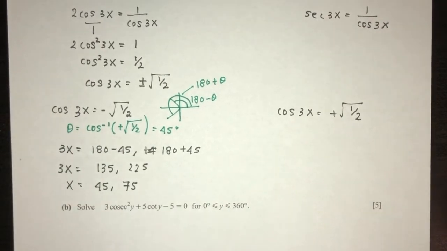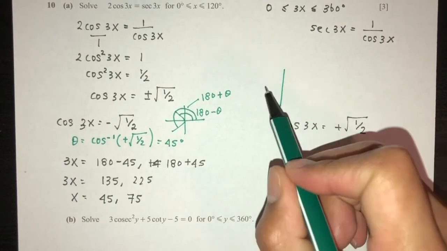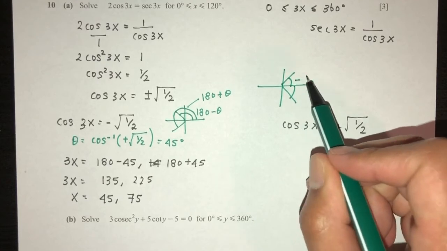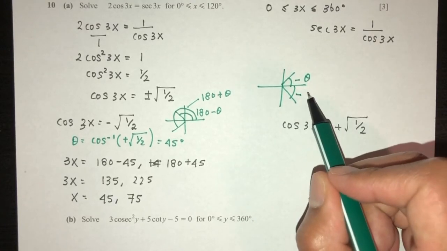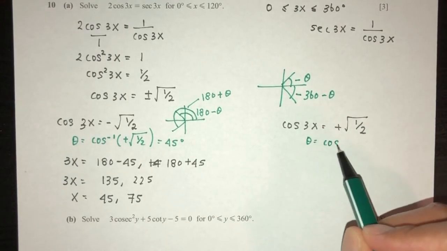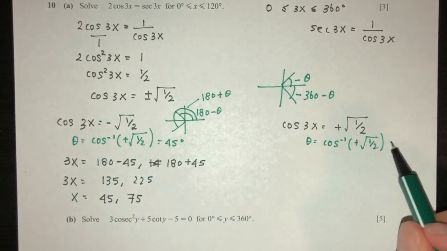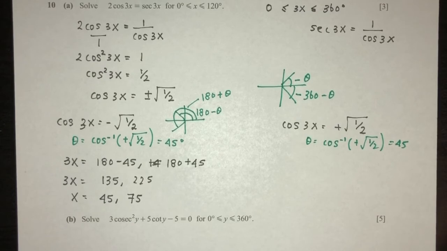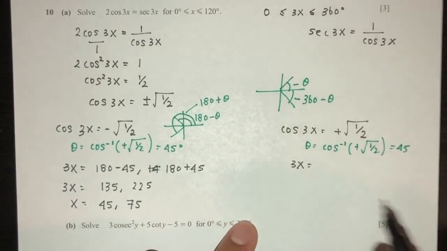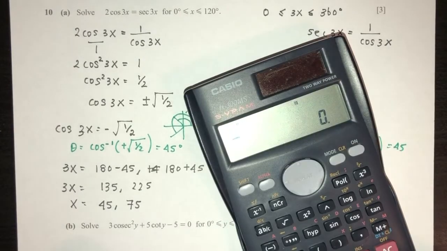How about this one? Now, if cos is positive, it has to be in your first quadrant and in your fourth quadrant. So first is only theta, and this will be 360 minus theta. Again, theta is cos inverse of the positive value of this, which we found here is 45 degrees. So 3x is equal to, according to your drawing, theta 45, or it can be 360 minus theta.